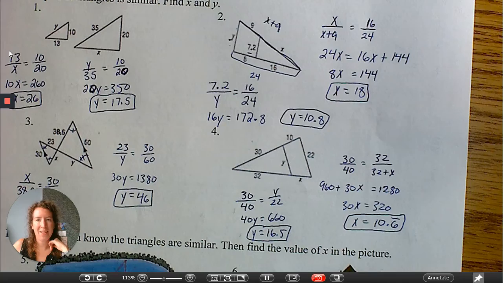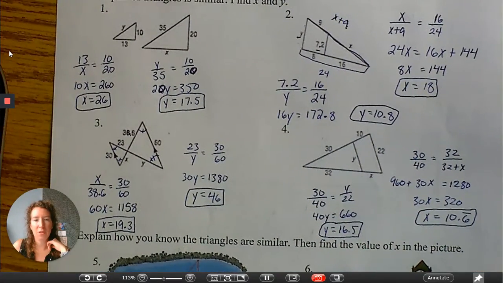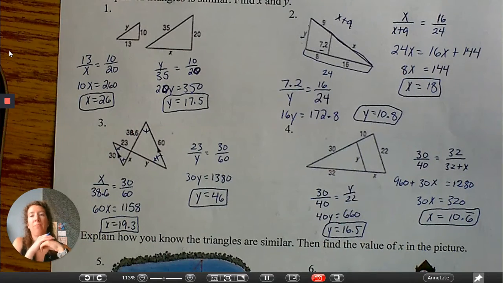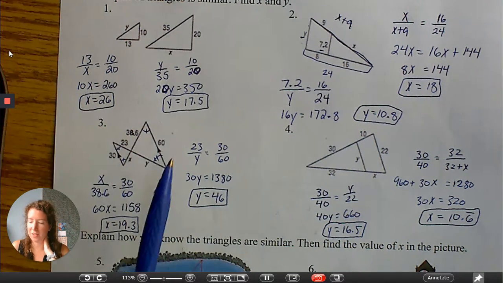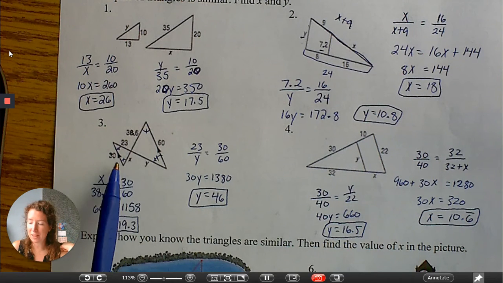Okay, so take a minute and look this over. Pause it if you need to. A couple things to note. One was pretty straightforward. You can see I made a mistake. That happens. For 3, you had to be careful with what you were comparing because, again, if we have these parallel lines, the corresponding sides aren't the ones that are right next to each other.